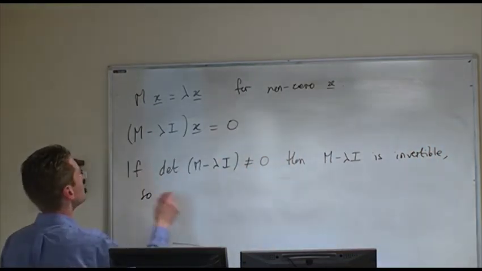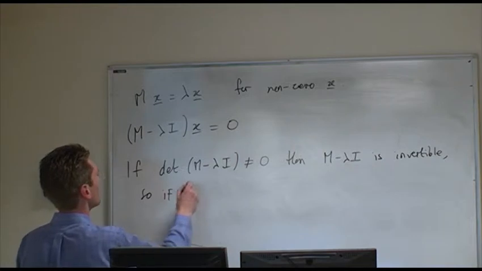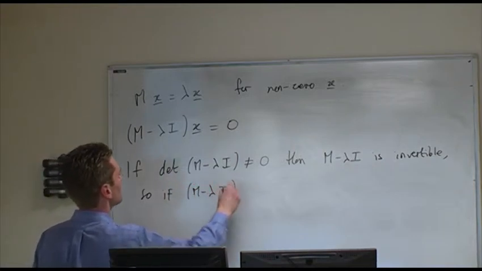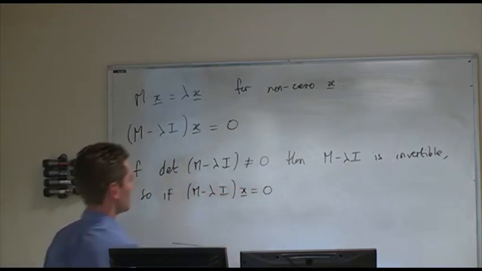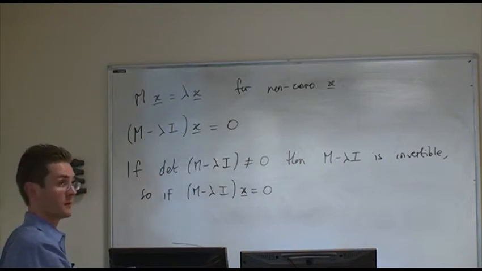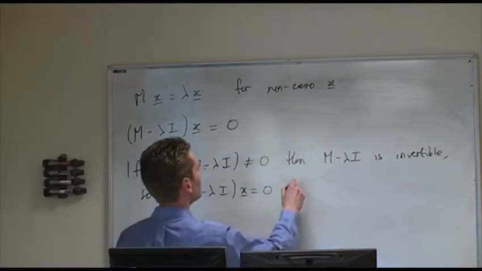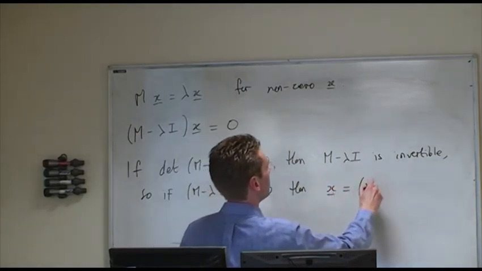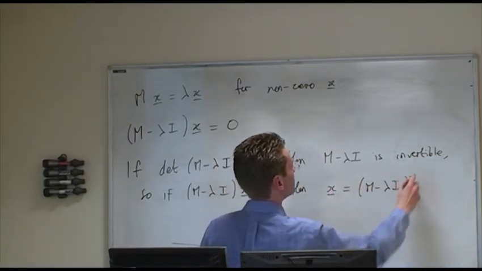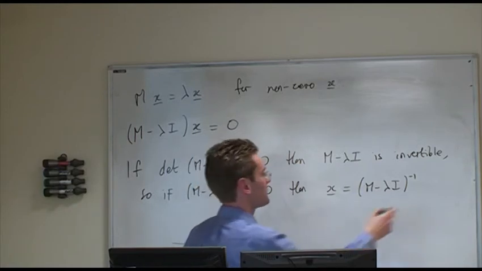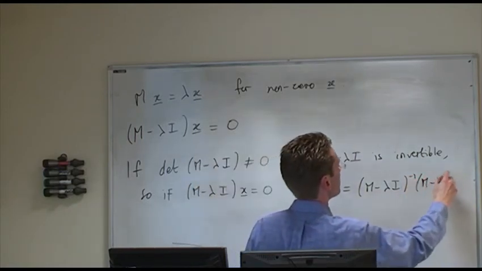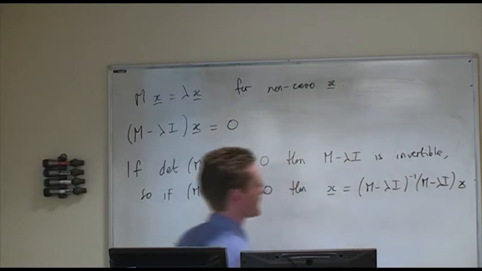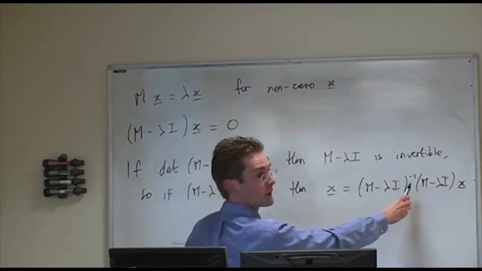So, if we have such a solution, (M − λI) times the vector x is 0, then x is equal to (M − λI) inverse, which we've decided exists, multiplied by (M − λI) times x, because these two matrices cancel out to give me the identity.